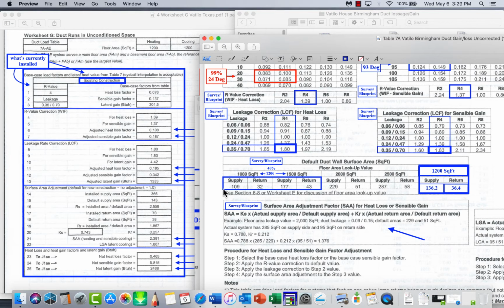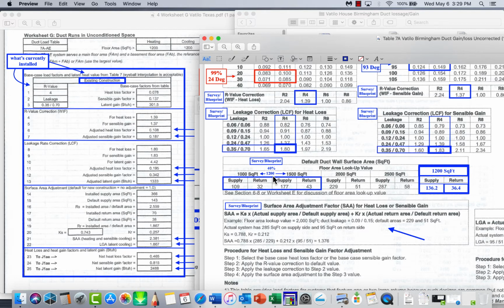We need to figure out this supply. Now the problem is our house is 1,200 square foot. It is neither 1,000 square foot nor is it 1,500 square foot. So we're looking for a number that's in between 109 and 177.